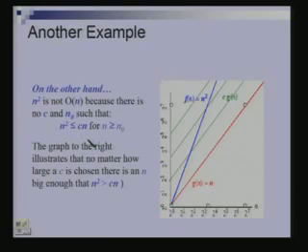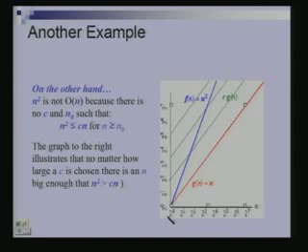Another example. The function in red is g of n, which is n, and any constant times g of n, on the same scale as in the previous slide, will just be the same straight line displaced by a suitable amount. So this will be 4 times n, this will be whatever, depending upon what the intercept is. So it will just be like this.